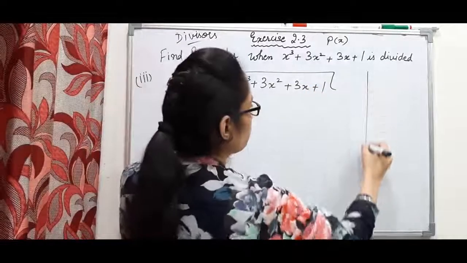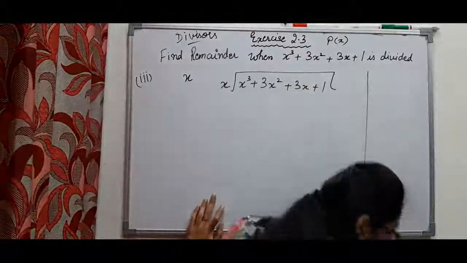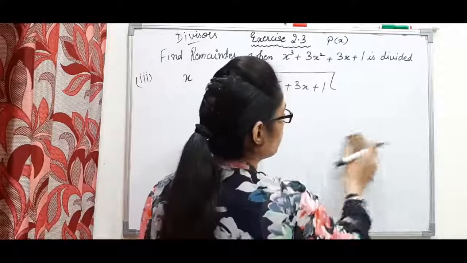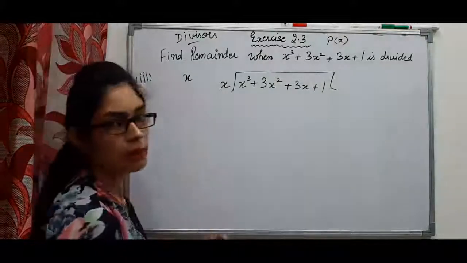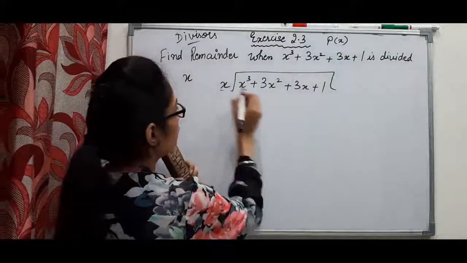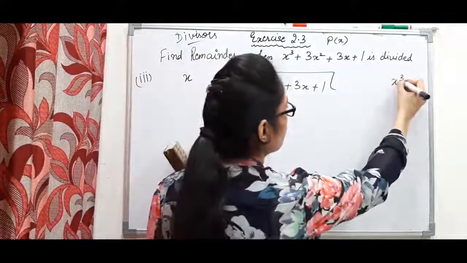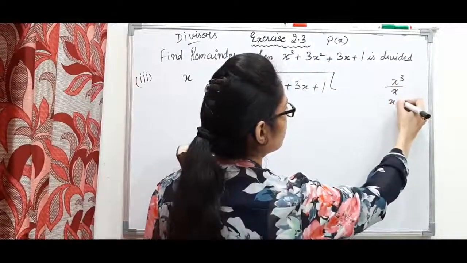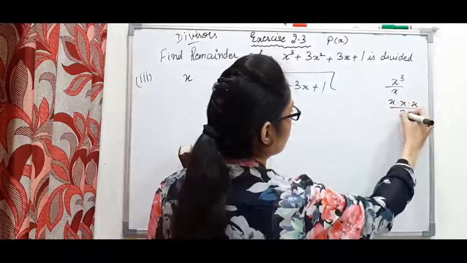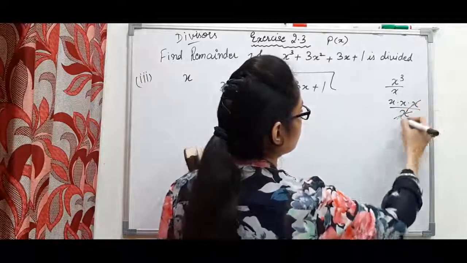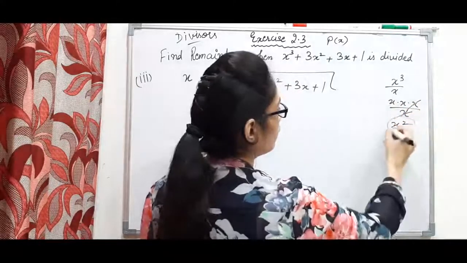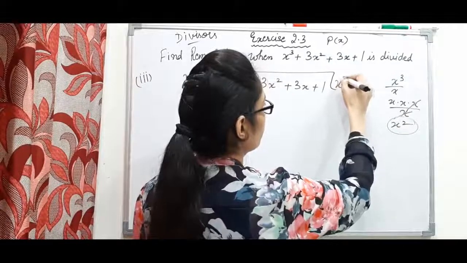Same way we have to do, but it will be much easier and it won't be complex because it's only one term. So we'll see this term and this term, x cube divided by x, which means x into x square divided by x. 1x will get cancelled, so we have x square. This x square you have to write here.